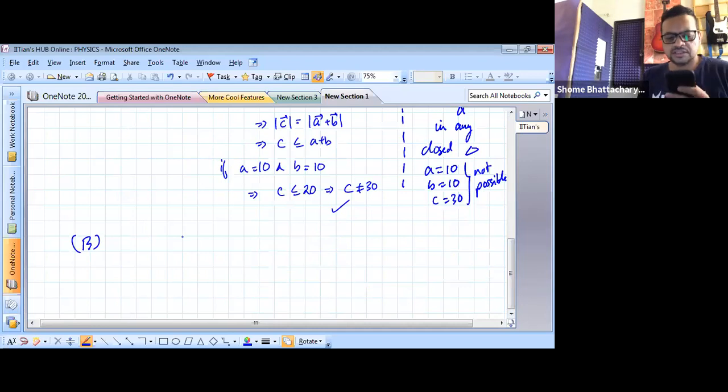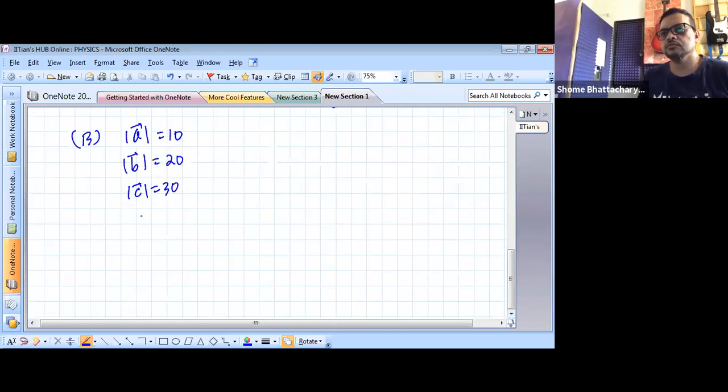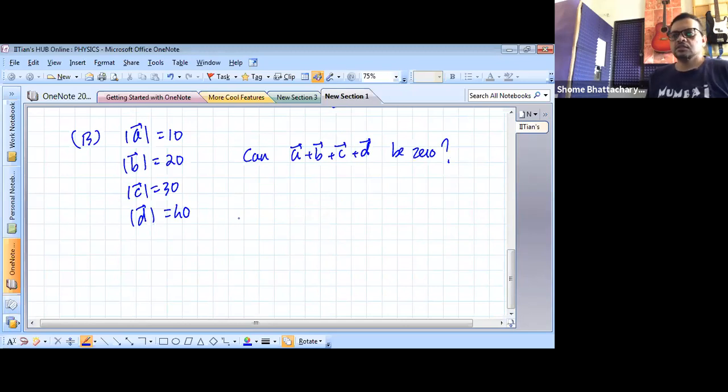Option B. It says that we have 4 vectors, okay, which are of magnitude 10, 20, 30 and 40. So let us understand this algebraically.